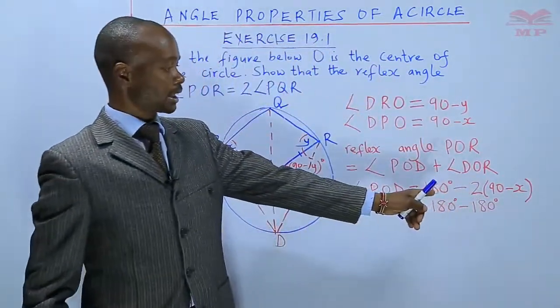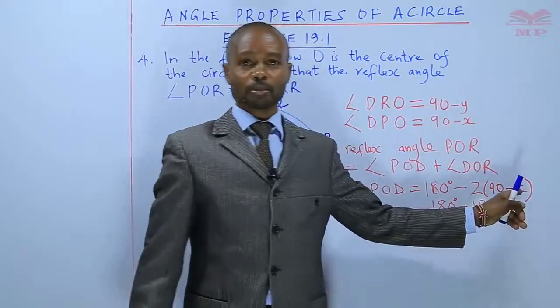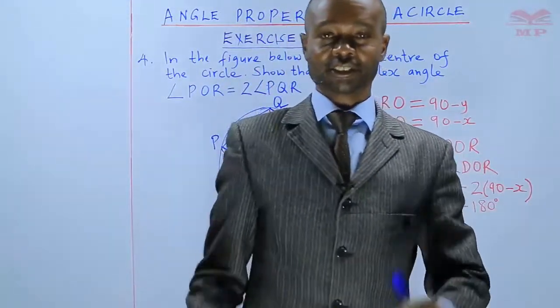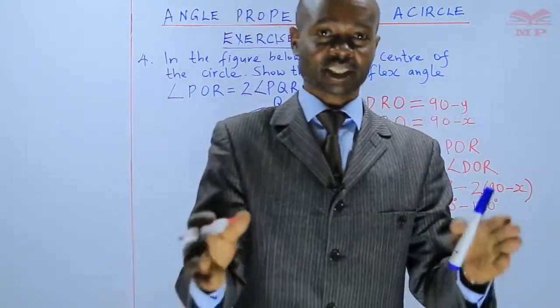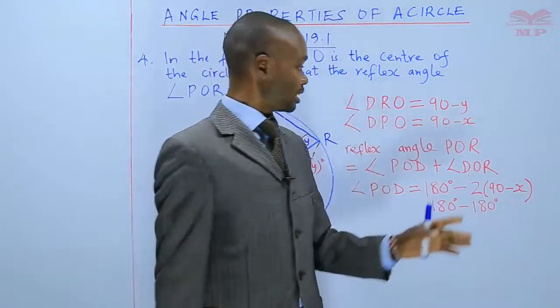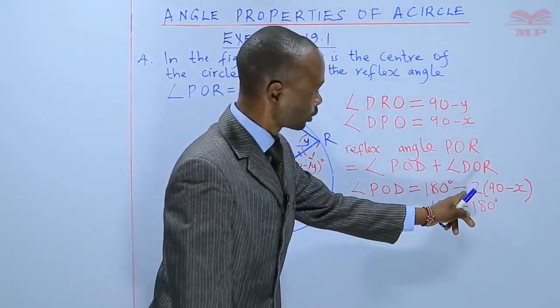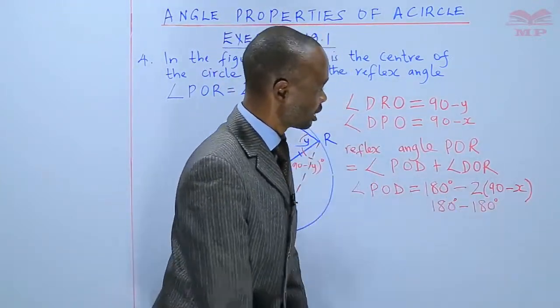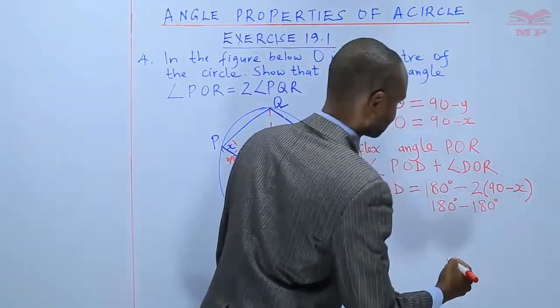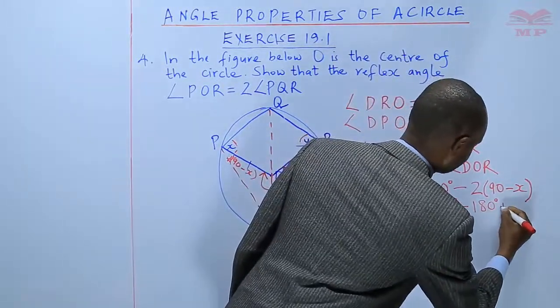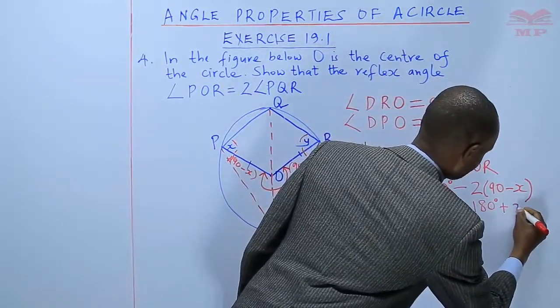Minus 2 outside the bracket multiplied by minus x, you'll get a positive. A minus times a minus, you get a positive. So minus 2 times minus x will give you what? Positive 2x.